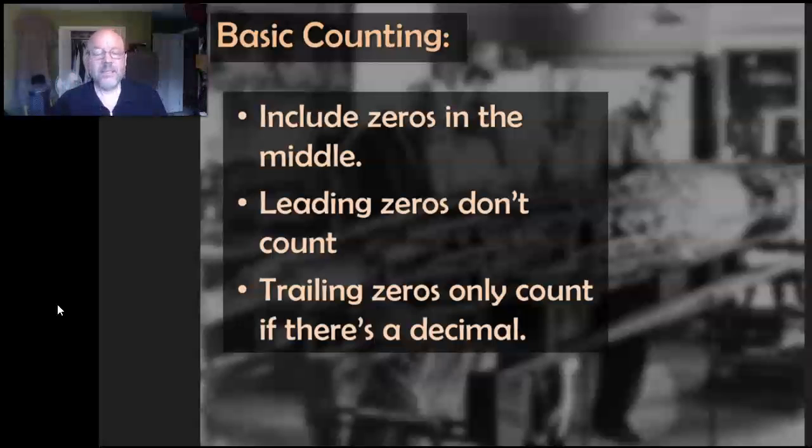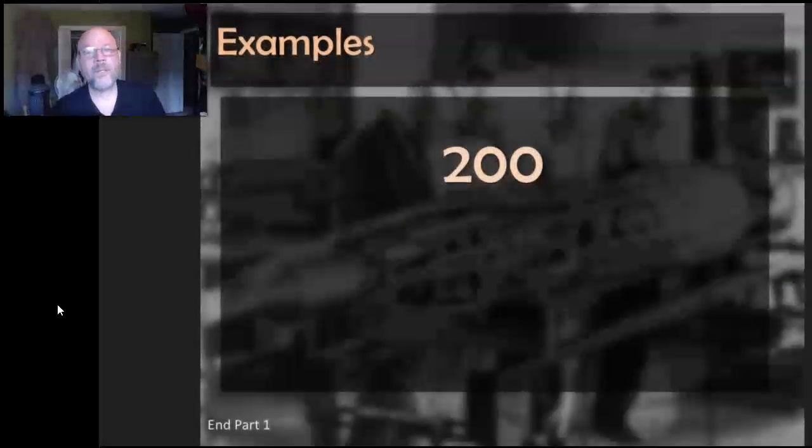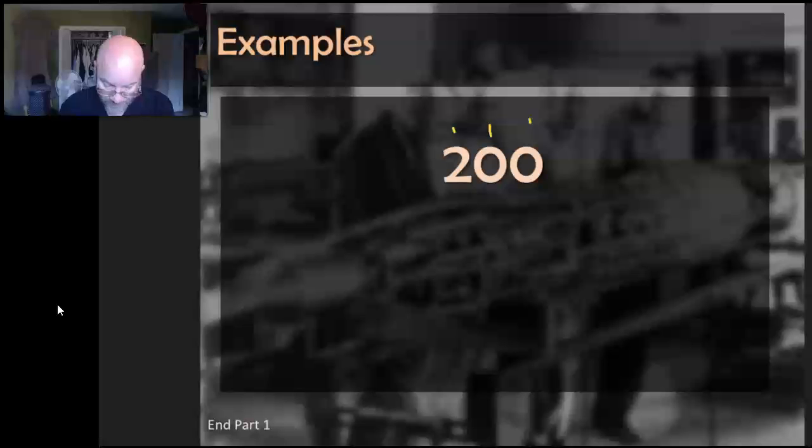Okay, so let's take a look. In your soft chalk lesson, there are some examples, so I'm just going to show you a quick example here too. Let's start with the number 200. We look right there and go 1, 2, 3. So I've got 3 figures, but which of them are significant? Are the zeros significant or not?